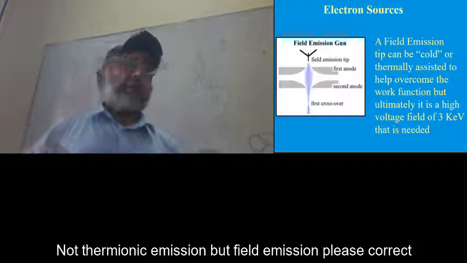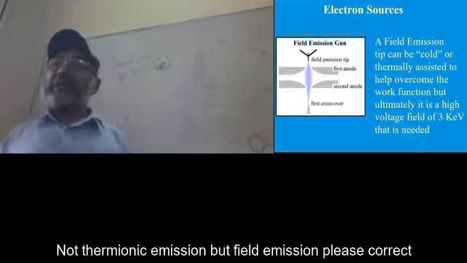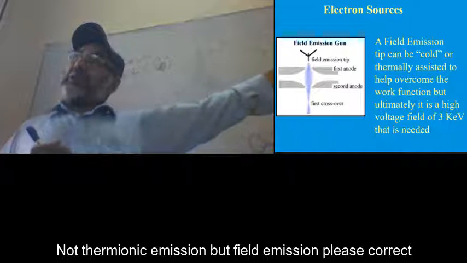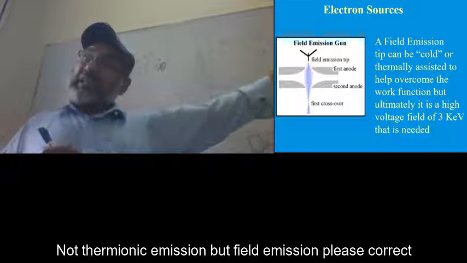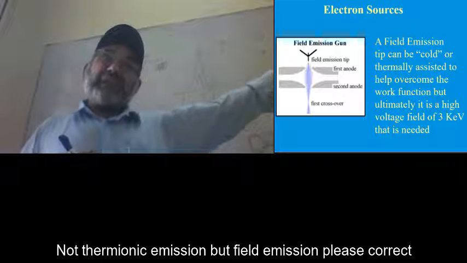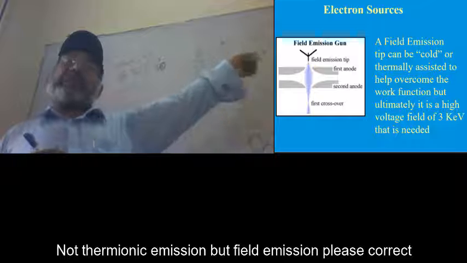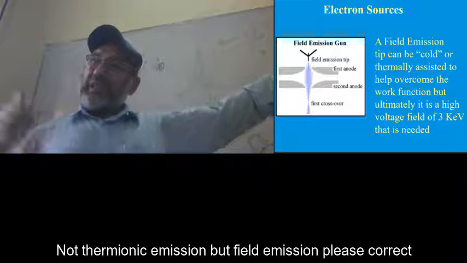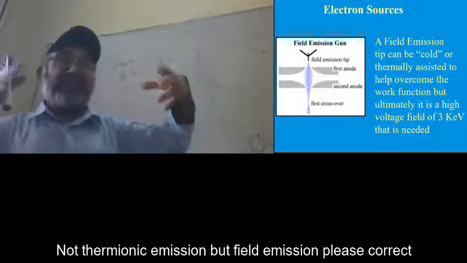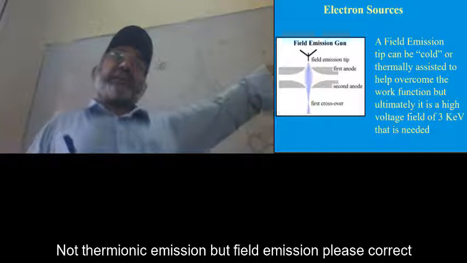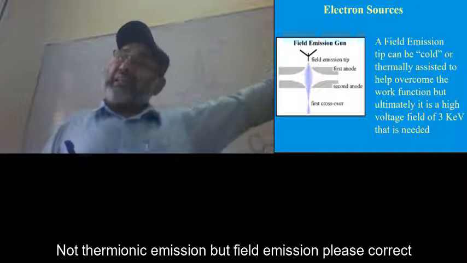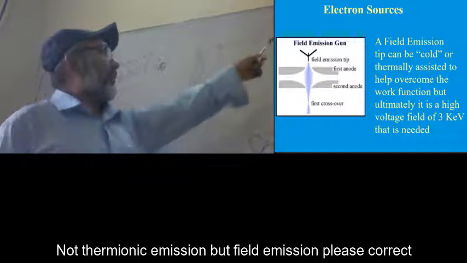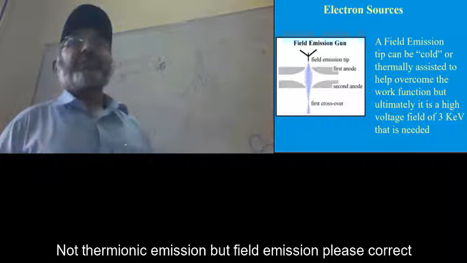Here in thermo-ionic emission, you are pulling electrons out of the material to a specific point. Your field is adjusted such that the electrons are coming out and they are collected at a certain point. So you make a pool of electrons under the tip.